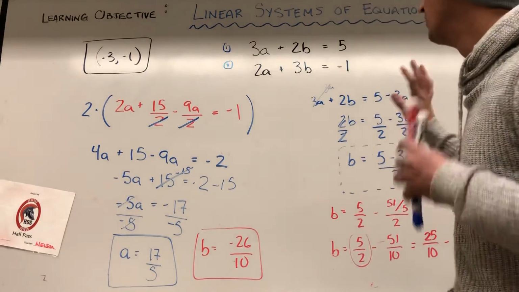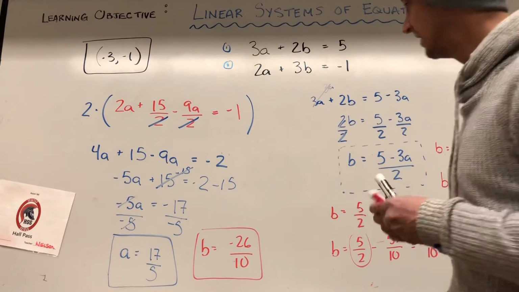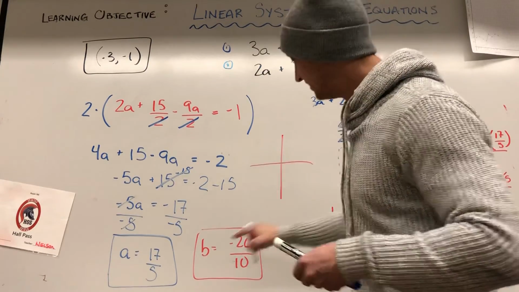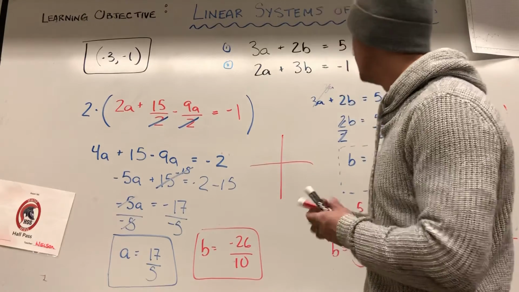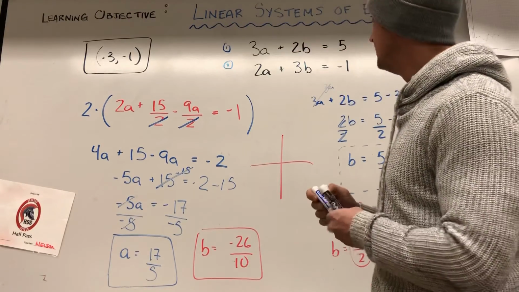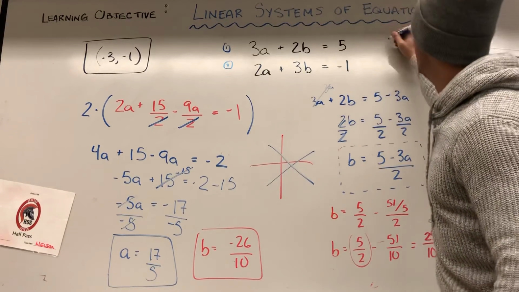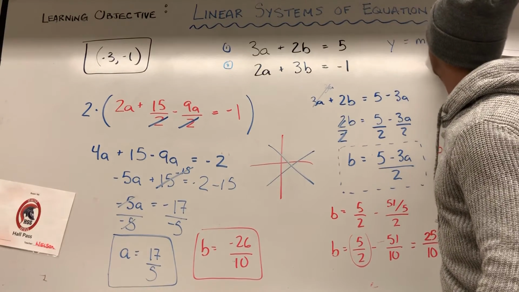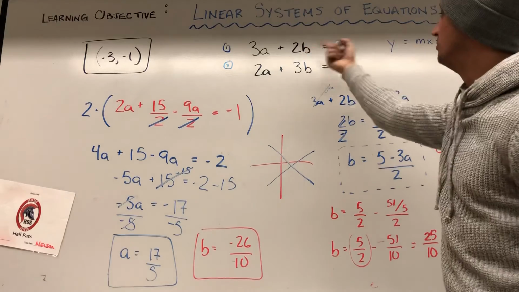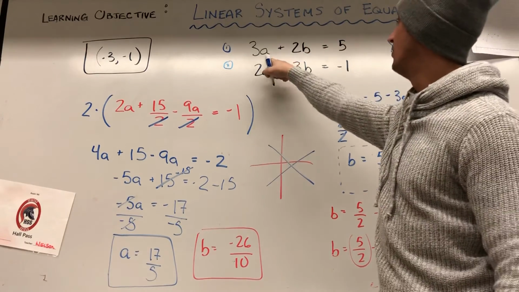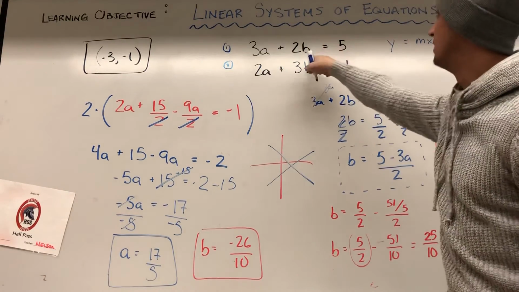In any case, this is substitution, and as a reminder, these solutions that we're getting represent where these two linear equations intersect. Now, these are not in y equals mx plus b format, but they could easily be put into it, because I could call a x or b y. So let's say b is my y.